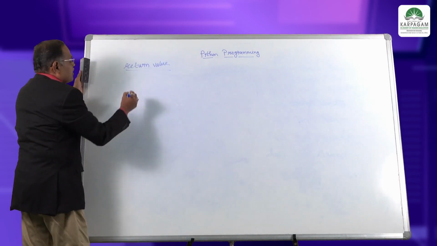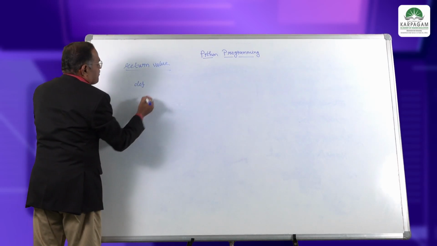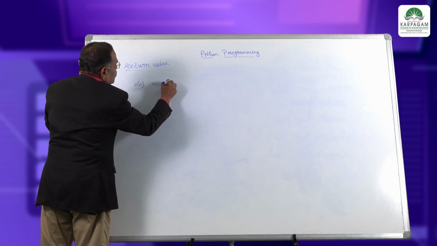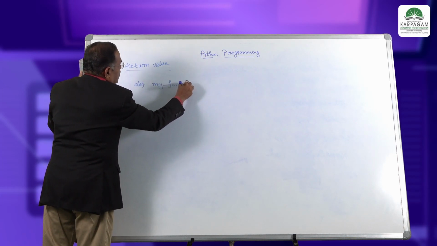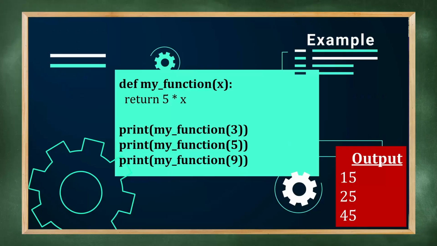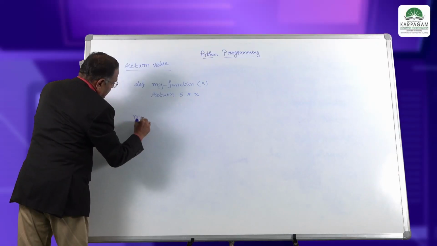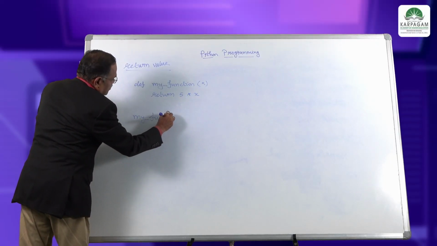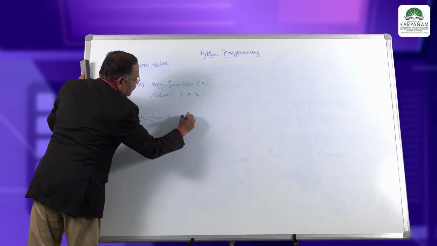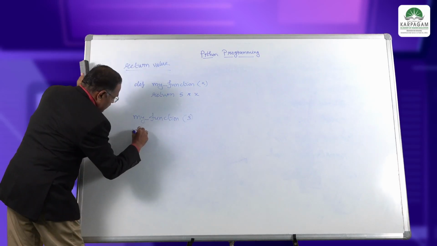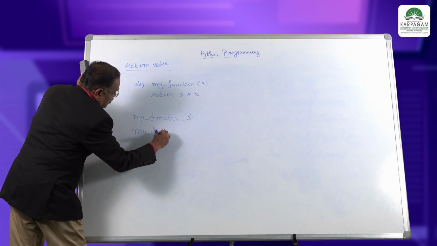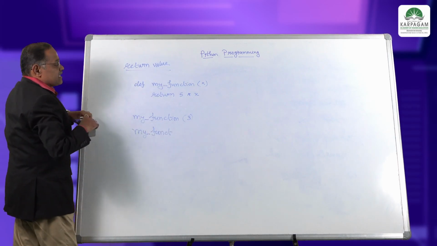I am going to define a function by using the word def, then my_function. Now we are going to pass a numerical value. Then return 5 times x. Now my_function of 3, but the value will not be printed.